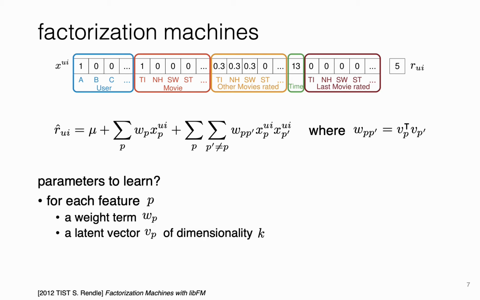For each feature P, there is a weight term W P. Also, there is a latent vector V P of dimensionality k. So in total, the number of parameters to learn is only linear in the number of given features. This makes training of factorization machines possible.